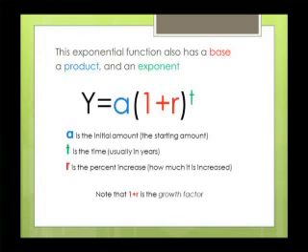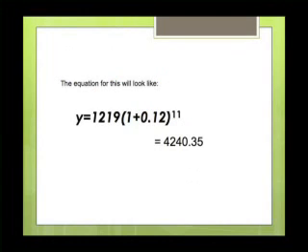So the setup of the monk parakeet problem looks like this. We have y equals 1219, our product, times 1 plus 0.12 or 12% growth for our base, and 11 for the amount of years that we're raising it to the exponent.